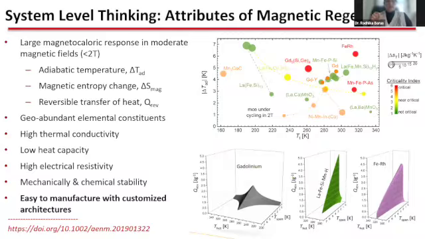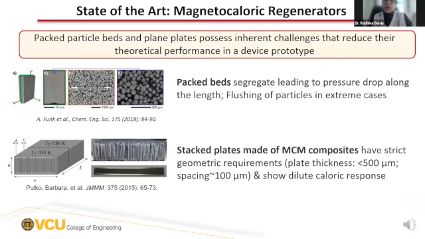The only problem here is that lanthanum iron silicides are brittle and they are not quite easy to shape. So, for a good magnetic regenerator, to improve the efficiency of the device, you need to manufacture the heat exchanger, that is, the regenerator here is the heat exchanger, with customized architectures.